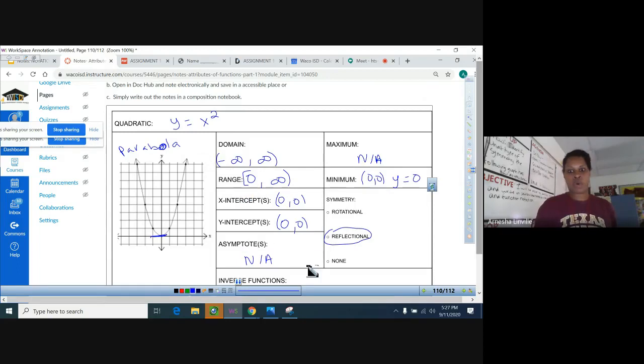The inverse of a quadratic is going to be a square root. Well, actually, let me see. Only part of it is an inverse, not the whole thing.